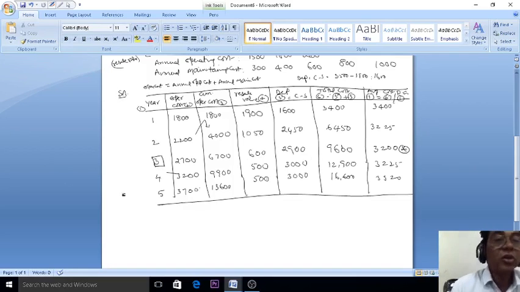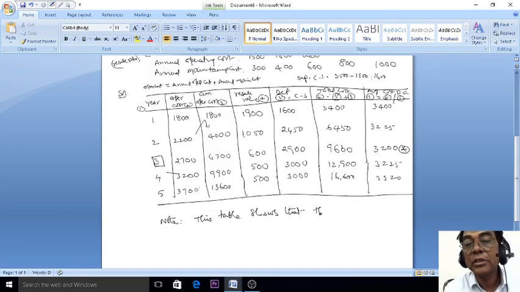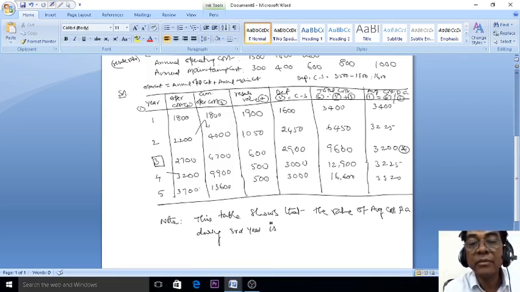What is the statement? Note: this table shows that the value of average cost per annum during the third year is minimum.